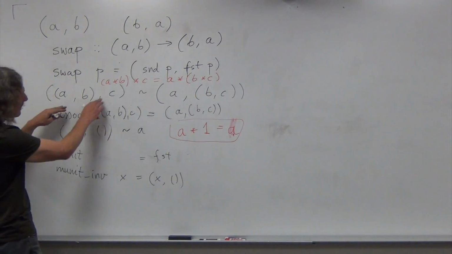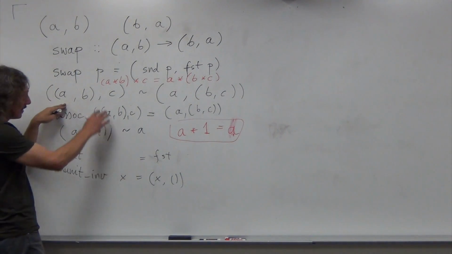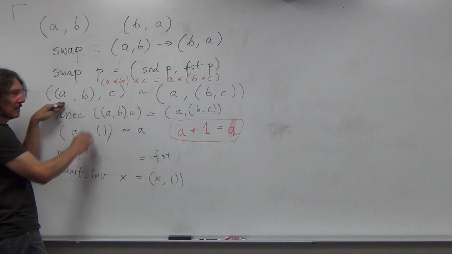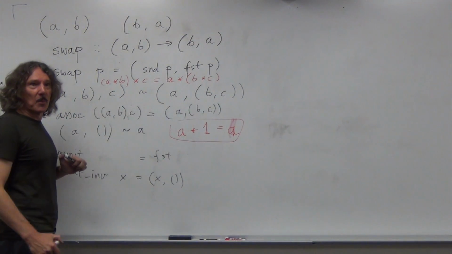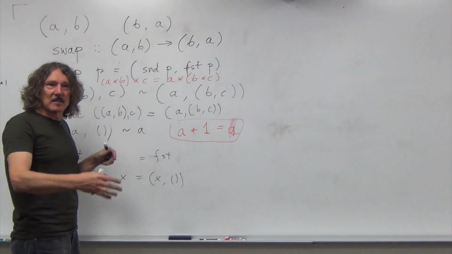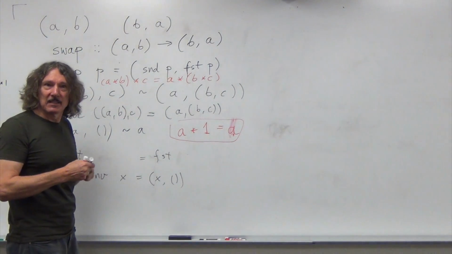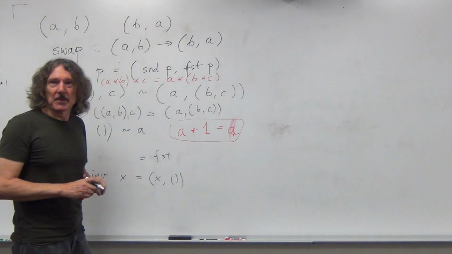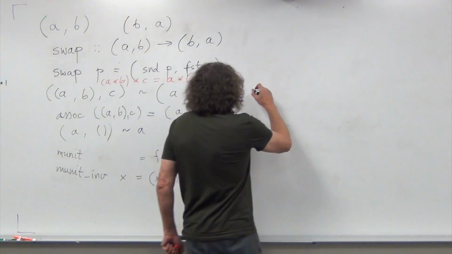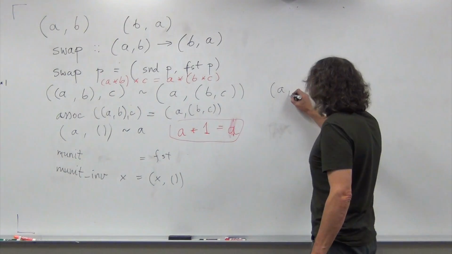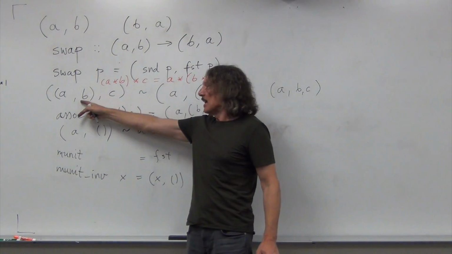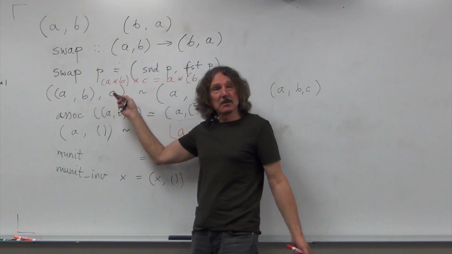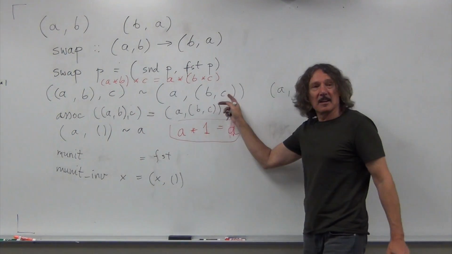Okay. And the fact that it's associative is very important because it means that up to isomorphism, we can iterate these pairings, and in fact we can skip the parentheses and say, well, this is really the same as just a triple ABC, whether it's A paired with B and then with C, or the other way around.